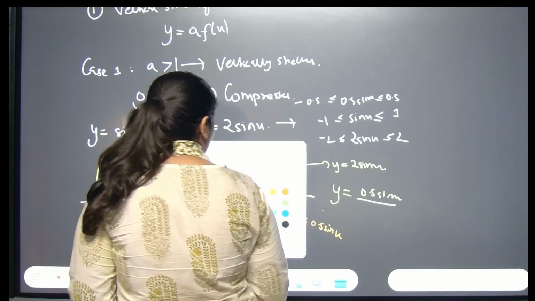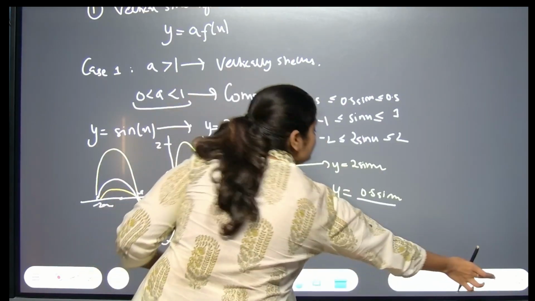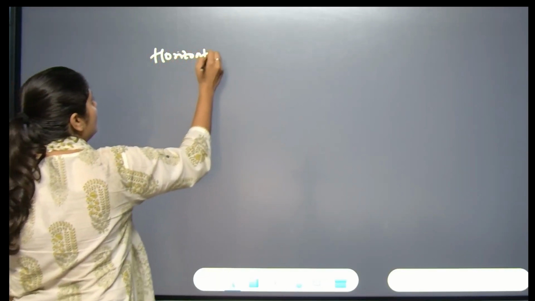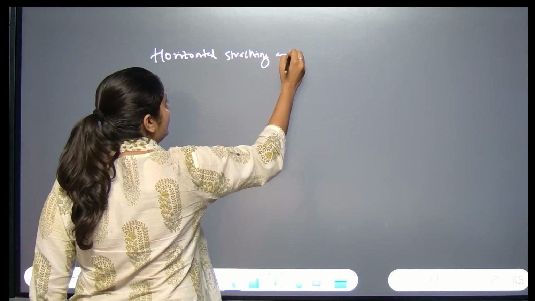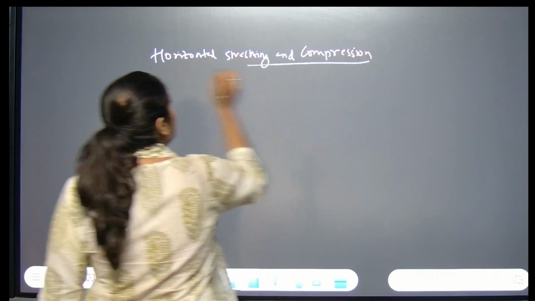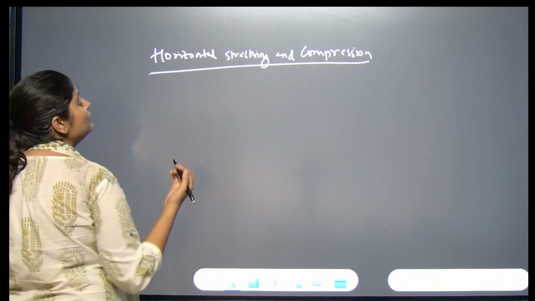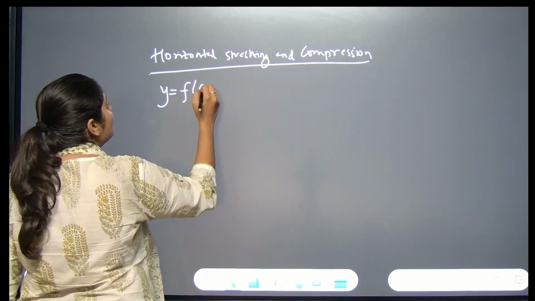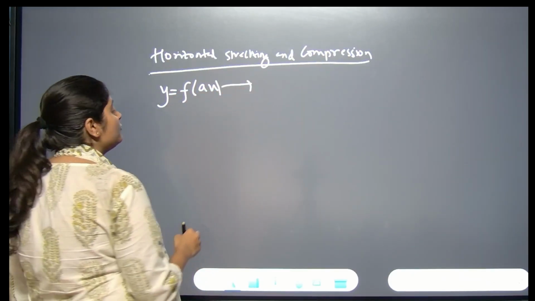The second form would be horizontal stretching and compression, right? So there are two cases in horizontal stretching and compression, and the expression looks like this: y equals f of ax. Here we horizontally transform the graph.